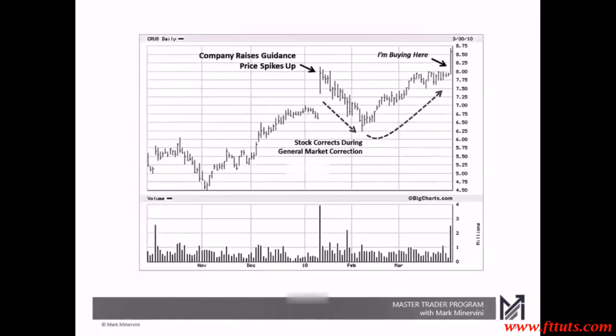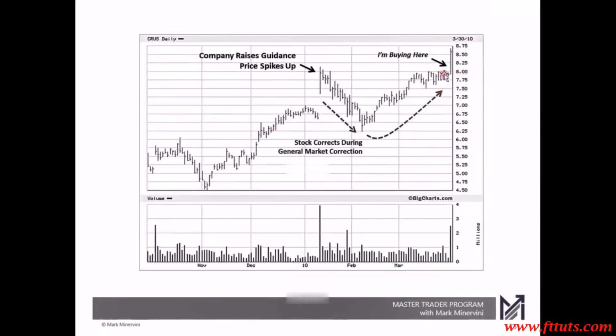Sometimes this institutional accumulation will happen on the left side of the base, and it'll definitely be way too early. You won't want to buy the stock. This is where you can run up on earnings, or in this case, you had company issued guidance. The company raised guidance. This was the Cirrus Logic.